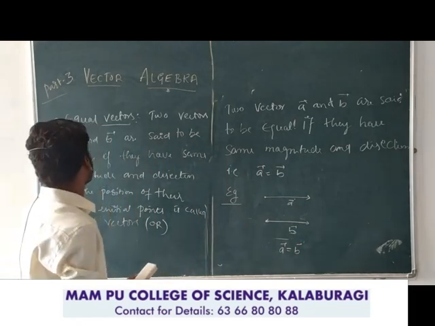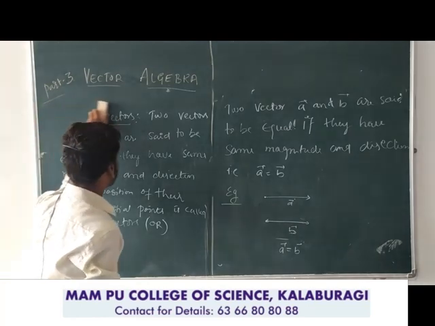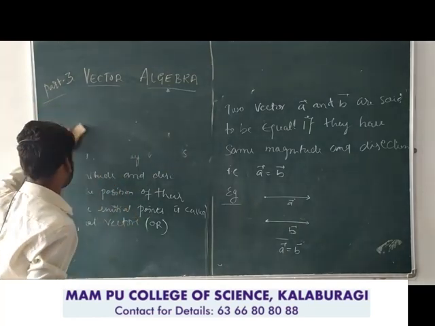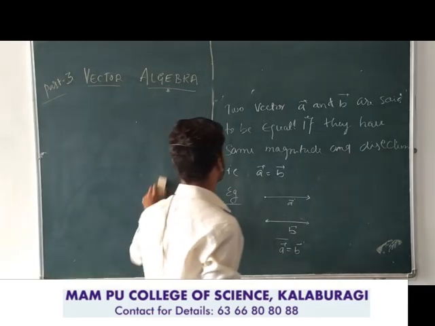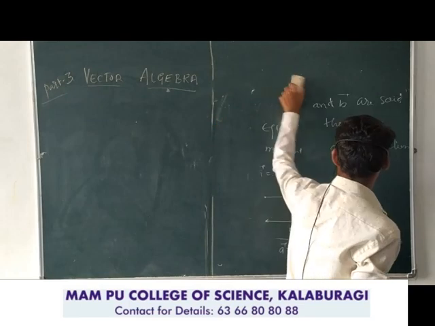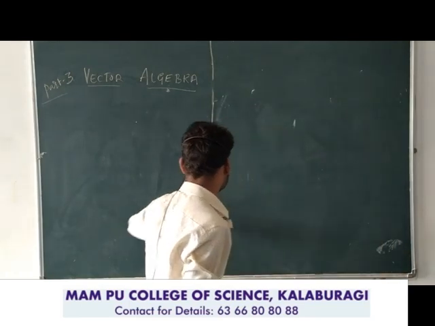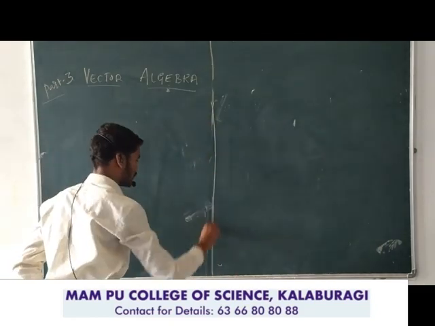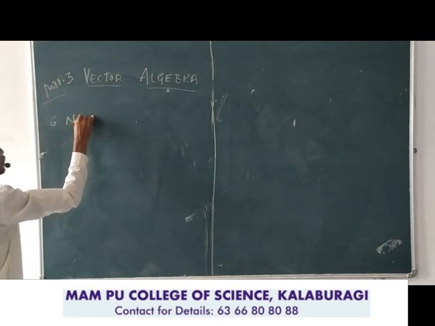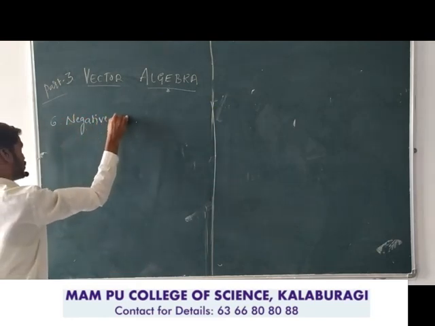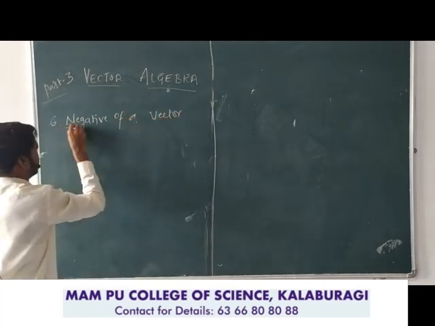And the next one, the sixth one, is the negative of a vector.